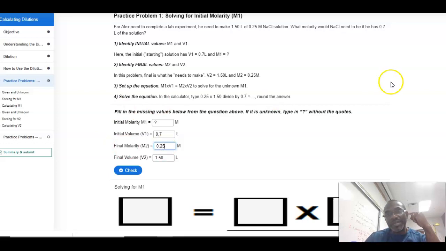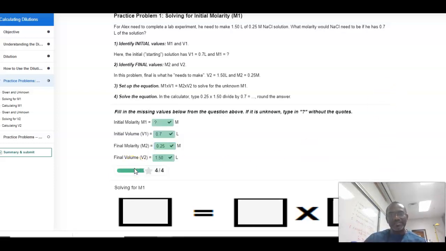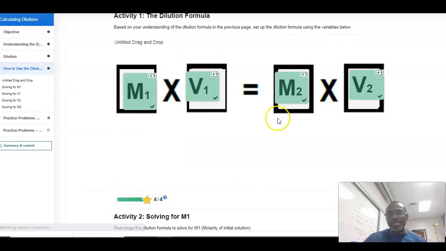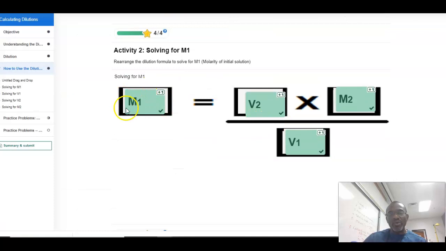So you always have to read the question in order to determine which one is the initial and which is the final. Always know that the initial is what you're starting with and the final is what you need to have. Okay, so I'll check this, see our extraction is correct. And then you now plug this in here based on the formulas for M1. Based on this equation, we know that M1 is equal to M2 times V2 divided by V1.